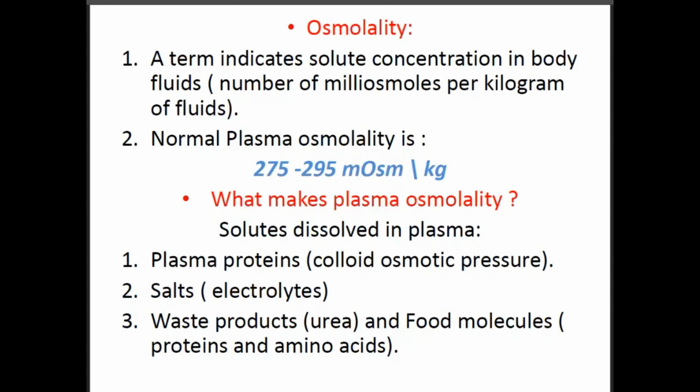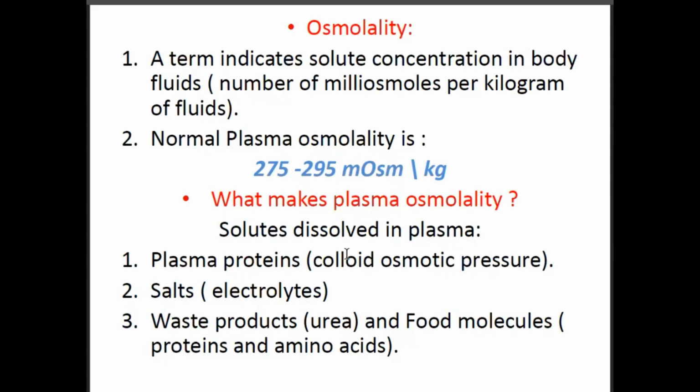Okay? And I tell you, and I don't need to repeat, you need to know what are the things that make up the plasma osmolarity. And here you have it. The plasma osmolarity is made of plasma proteins, salts, electrolytes, and the waste products, urea and food molecules.